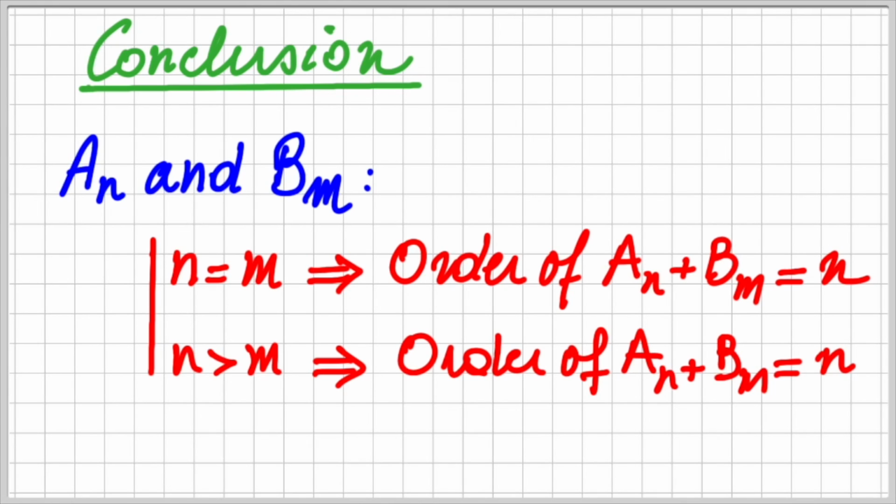When one polynomial has a higher order, the new polynomial has an order which is equal to the order of the polynomial with the highest power of x.